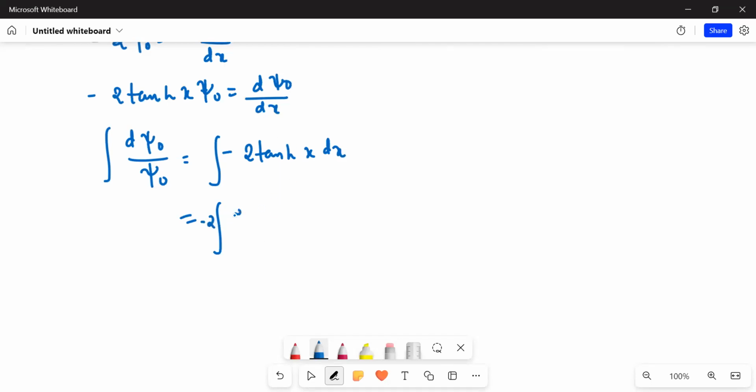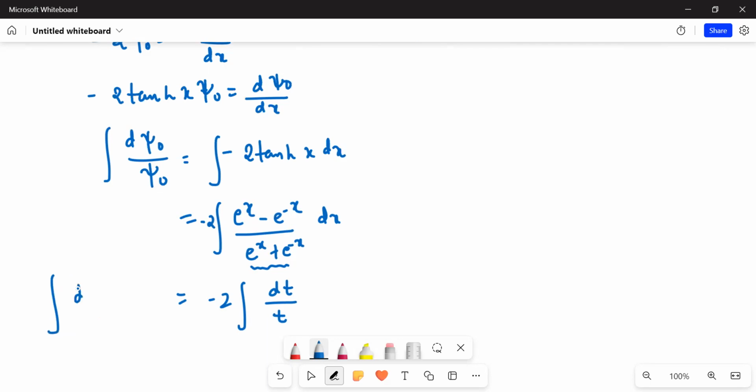What is tan hyperbolic? It is sine hyperbolic upon cos hyperbolic, right? So if I take this as t, this will be simply dt. So this is minus 2 dt upon t, and this is simply the integral of d psi naught upon psi naught, which is simply log psi naught. So I'll write ln psi naught on the left hand side equal to minus 2 ln of t, right? And obviously some constant as well. I'm not bothered about the constant. I'm just bothered about the wave function form.